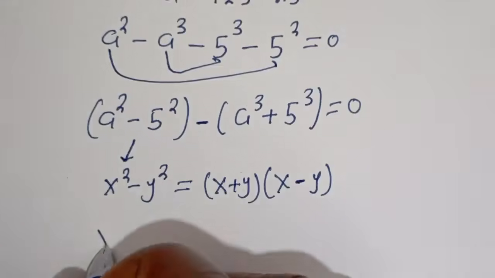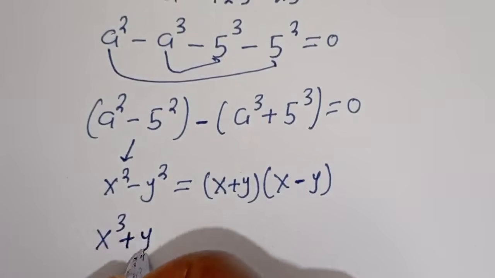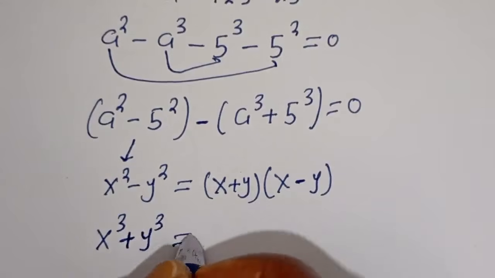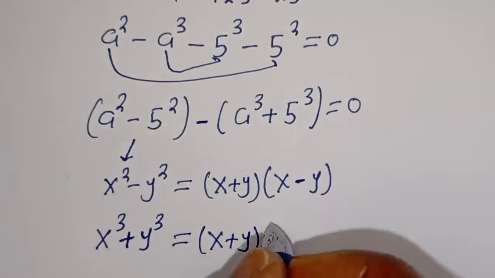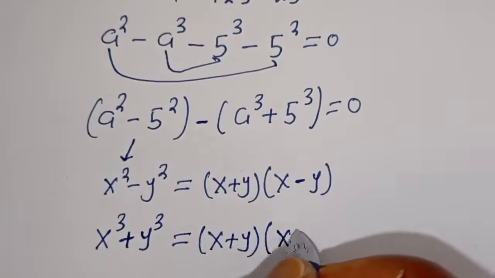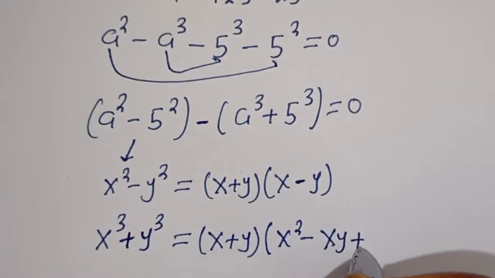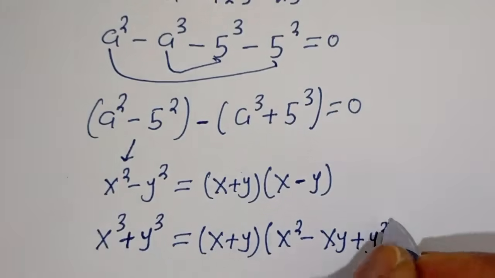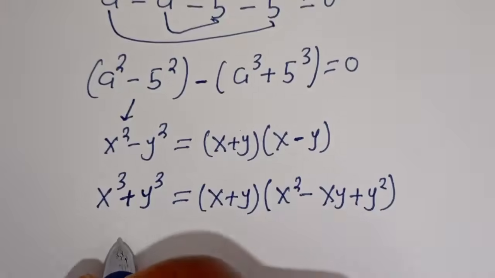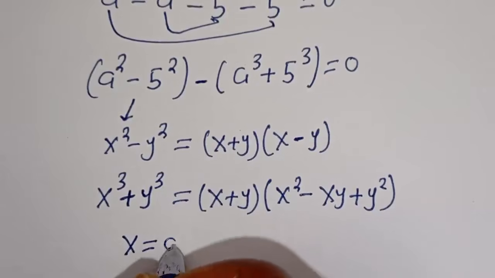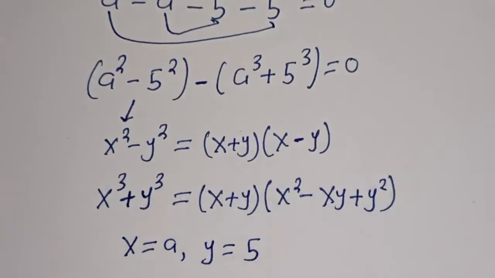Also, if you have x to the power of 3 plus y to the power of 3, this is equal to x plus y bracket x squared minus xy plus y squared. And from here, x is equal to a, and y is equal to 5.